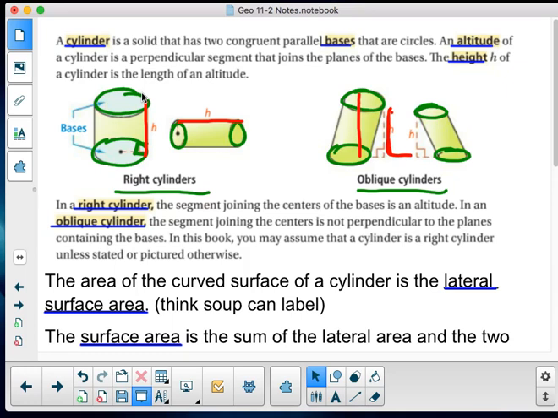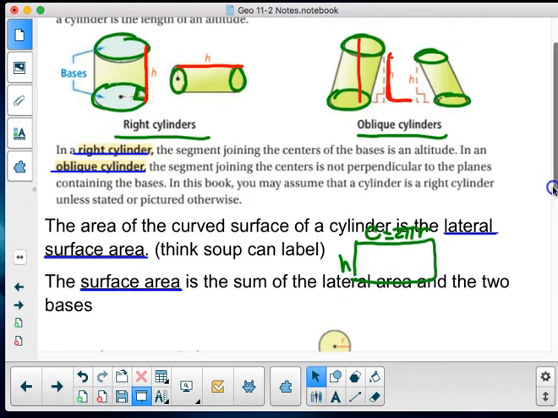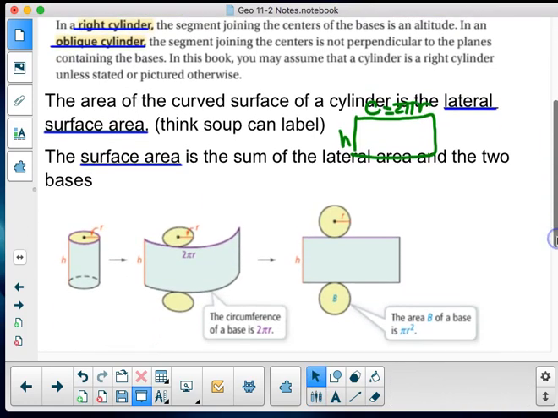So the area of the curved surface of a cylinder is the lateral surface area. Think soup can label. If I unroll it, it's just going to be a rectangle that's circumference, 2 pi r, times height. That's the lateral surface area. And then the surface area is the sum of the bases.